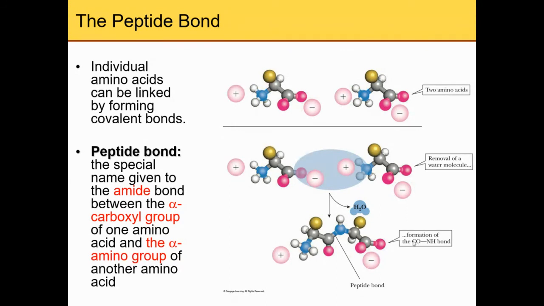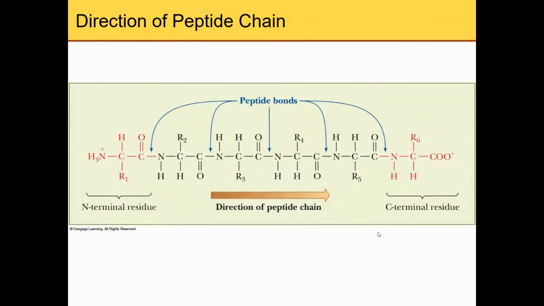The CO is from the carboxyl group of the first amino acid, and the NH is from the amino group of the second amino acid. They form the peptide bond through dehydration, removing 1 water molecule, and you can continue this synthesis, adding many amino acids to the C terminal end.